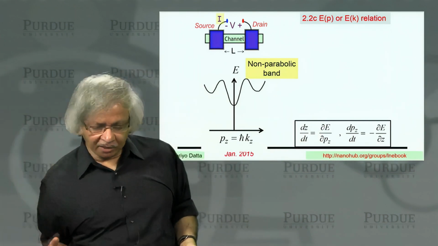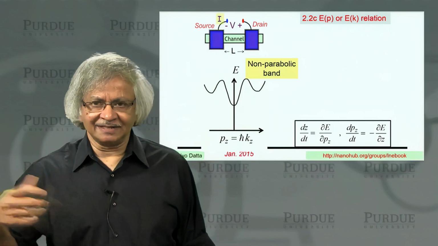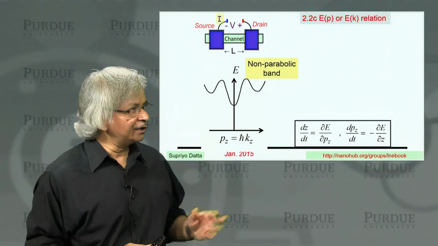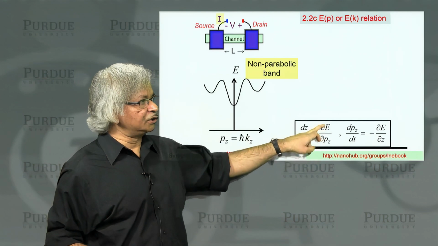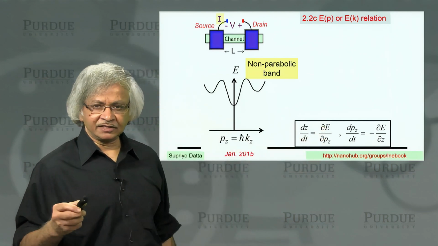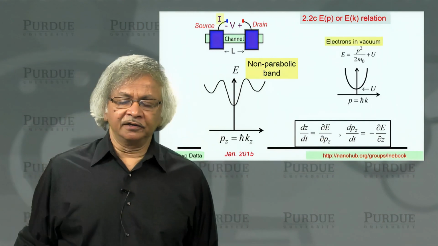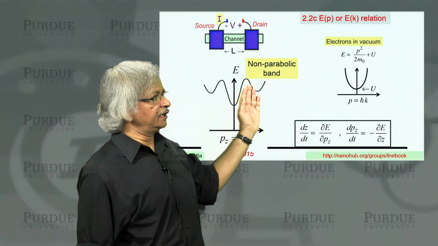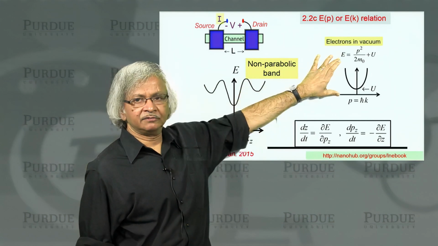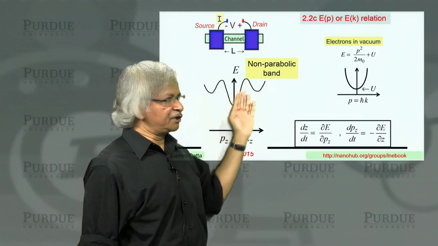So the point I made earlier, usually you think velocity comes first, you multiply by mass, get momentum. Rather, here the way you should think is momentum comes first, take that, look at the slope, that's what gives you velocity. And the other important difference with electrons in vacuum, this is electron in a solid, that's electrons in vacuum. So one difference is, as I said, you could have arbitrary shapes here.